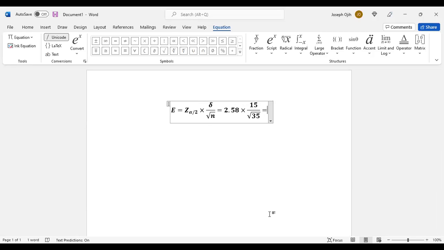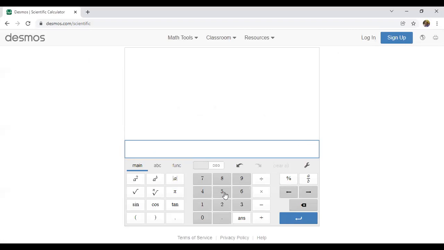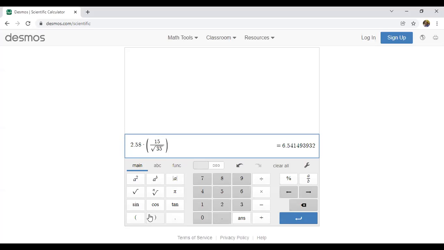It becomes 2.58 times the standard deviation of 15 over the square root of n, where n is 35. I got 6.54. Our error is 6.54.